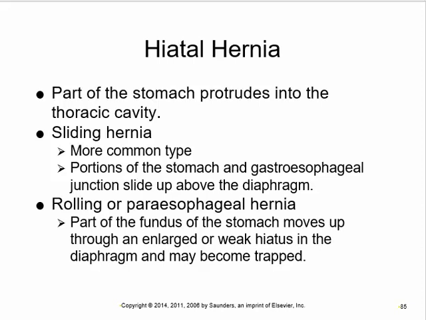It ends up just the top part of the stomach, right around the cardia of the stomach, will end up above the diaphragm. This is called a sliding hernia. So the stomach can slide up to above the diaphragm. If the hiatus hernia gets really big, then part of the fundus of the stomach can move up to the diaphragm, and then that becomes really difficult because it becomes trapped up there.